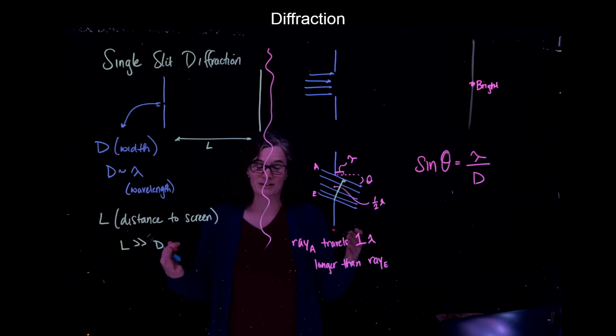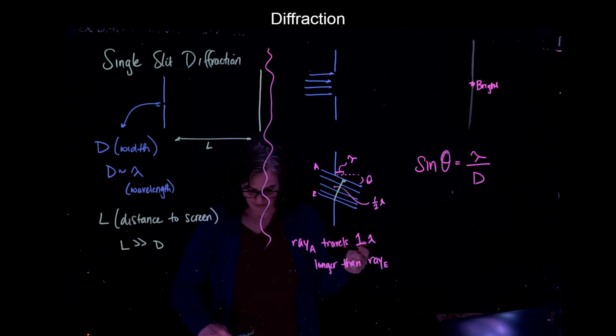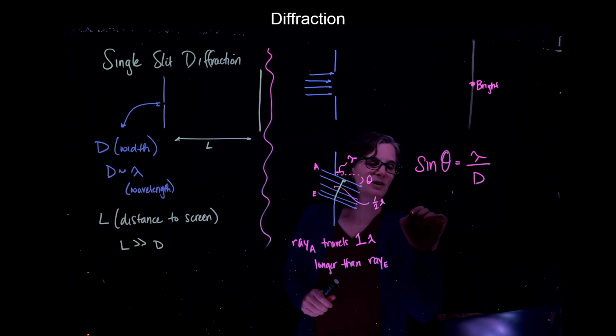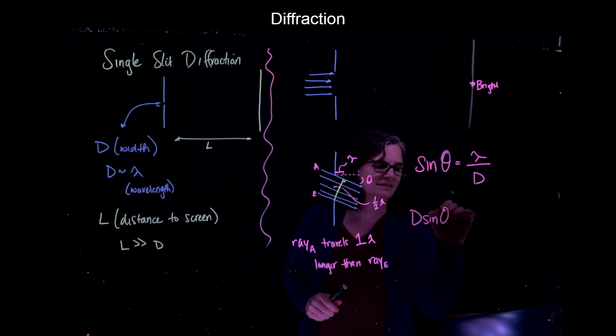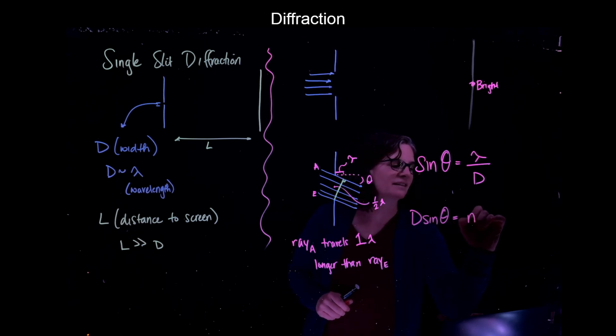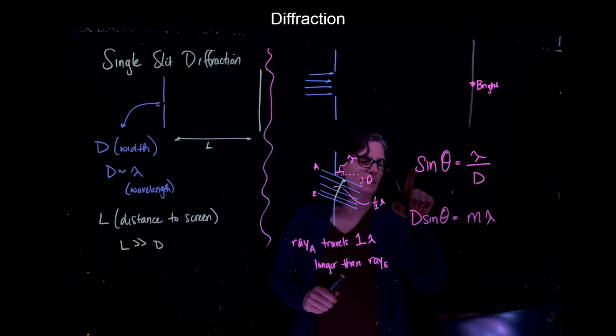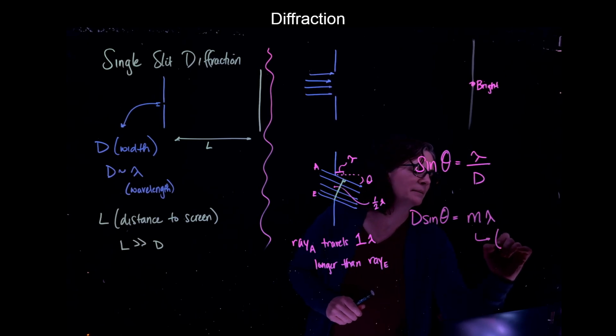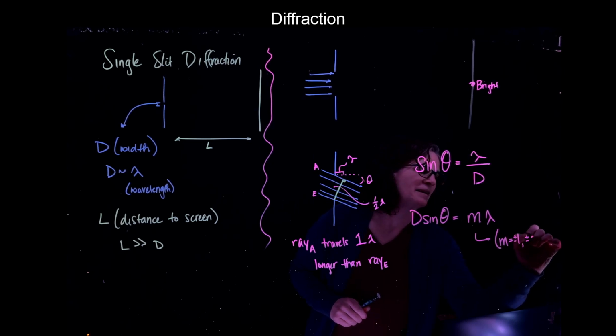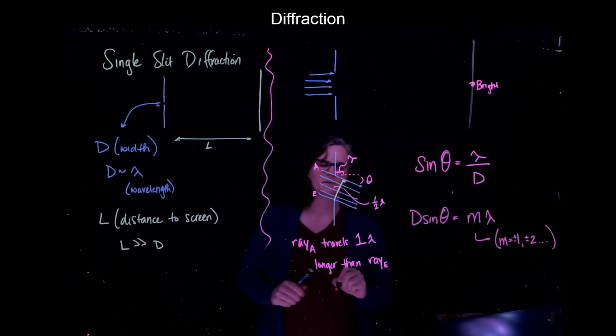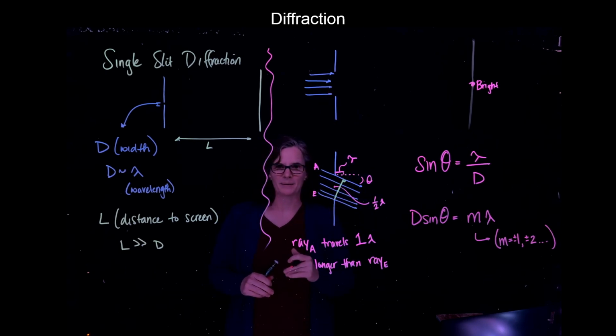We get an edge that's dark. We get destructive interference. And so dark spots occur at d sine theta equals m times lambda, where m is equal to 1, plus or minus 2, and so on and so forth. So we get them at the top and we get them at the bottom.